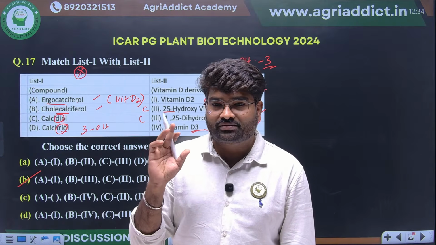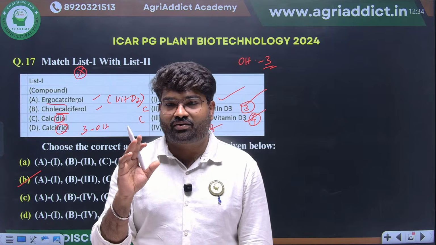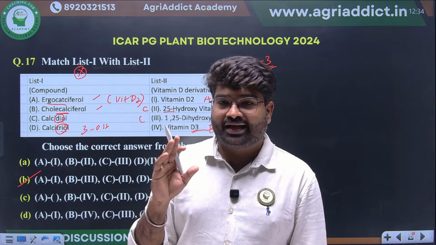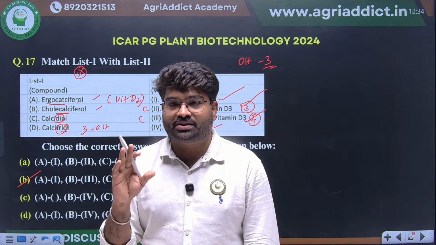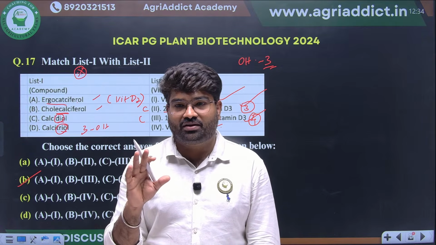You can use Principles of Plant Biotechnology by HS Chawla. That is a very standard book. If you have very little time, just go and read Instant Notes on Plant Biotechnology. These books are good.